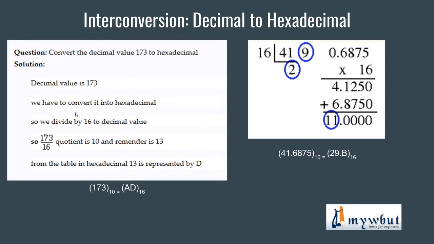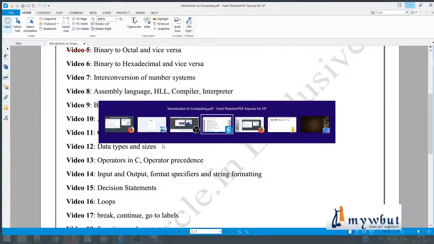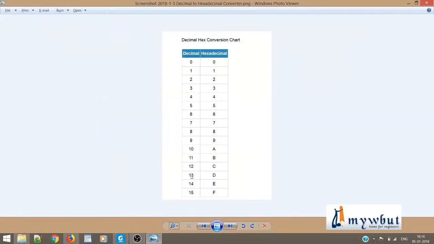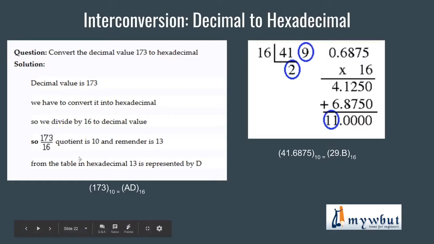So if we divide 173 by 16, the quotient is 10 and the remainder is 13. From this table, we know that decimal 13 is represented as D, and decimal 10 is represented as A. Therefore, we have 173 base 10 is equal to AD.